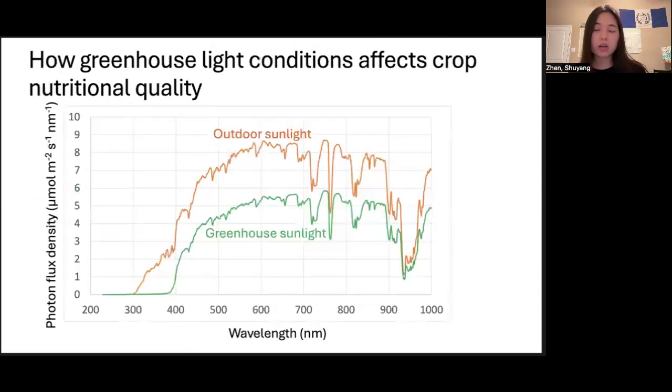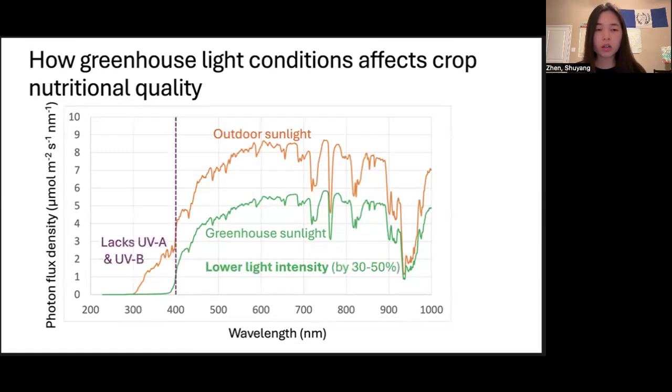So let's look at the light environments in the greenhouse first. Compared to outdoor environments, greenhouse glazing materials and the overhead structures can reduce the light intensity by approximately 30 to 50%.